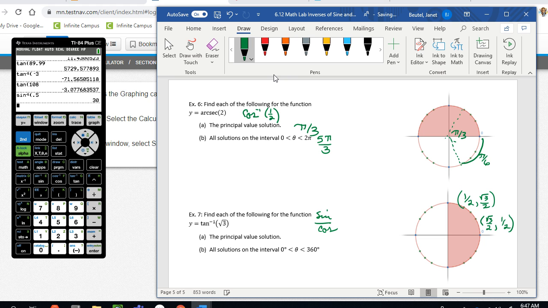Okay? And so if you're not sure, we would actually have to do a little work here to find the principal value. So I'm going to take sine over cosine. This is sine. This is cosine. If I start with pi over 6, oh, this is not using pi over 6, so this is 30 degrees.